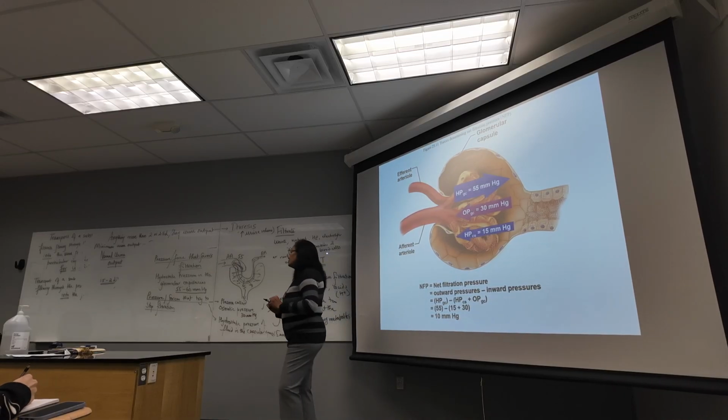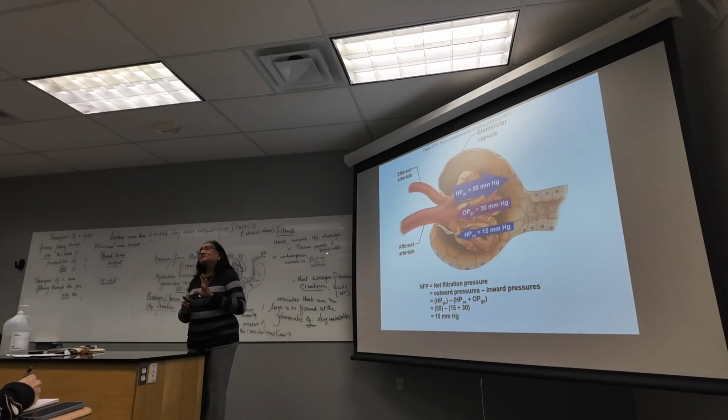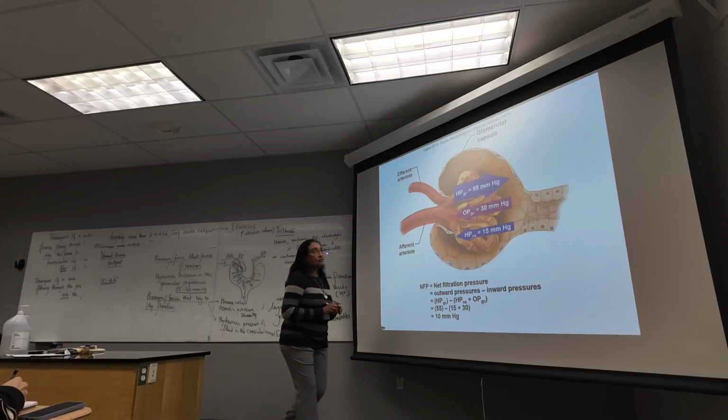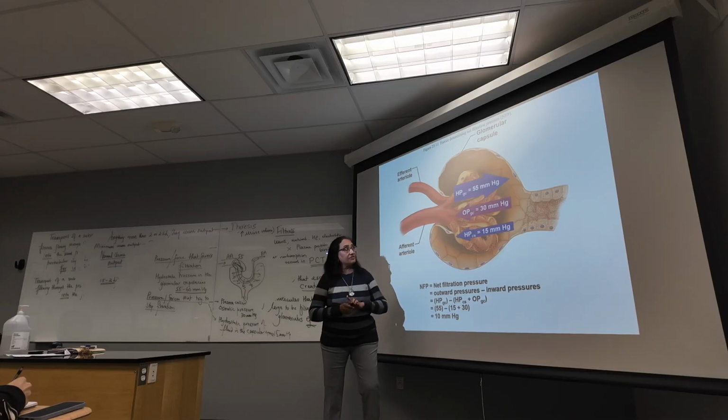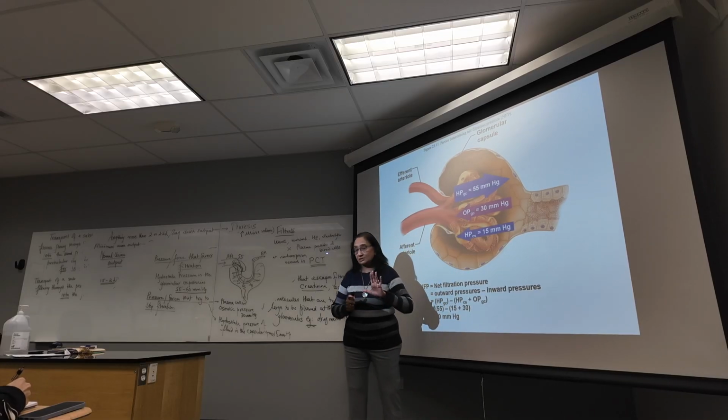Now I'm going to ask you a few questions which will help you understand what can happen, how things can change. Think about it carefully before you answer. It's not very difficult. It refers to these pressures.